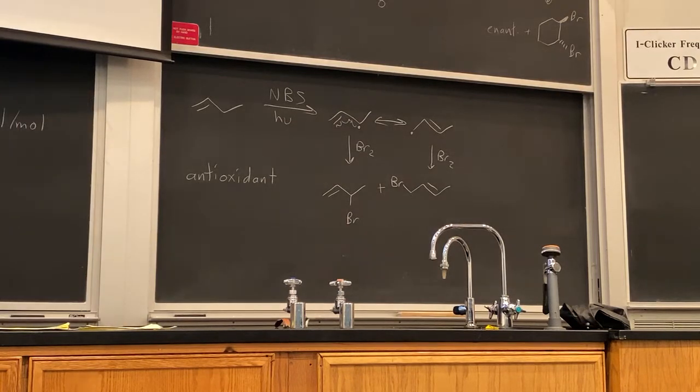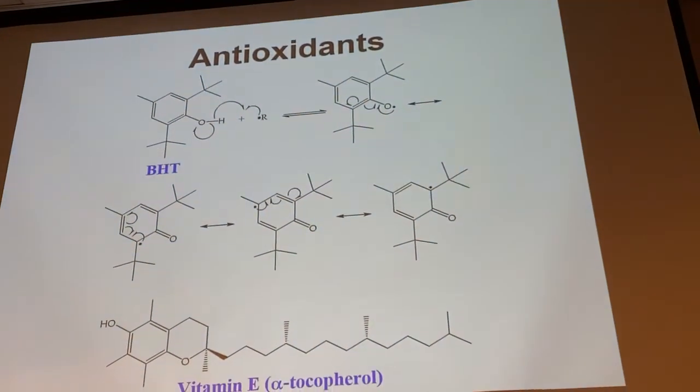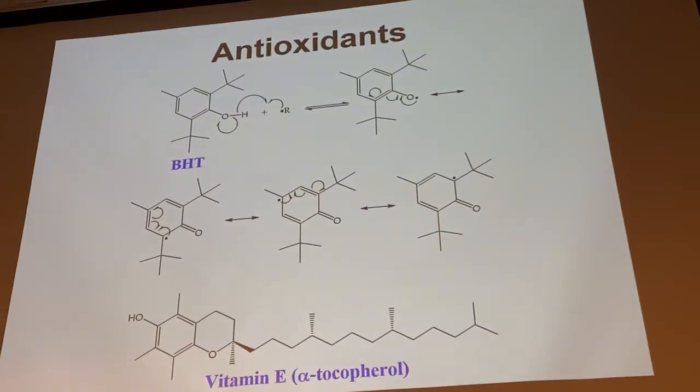So let's take a look on the screen at an example of an antioxidant. If you're the type of person who looks at food labels, you've seen BHT as an ingredient in many different foods. BHT stands for butylated hydroxytoluene. This is based on a nomenclature system for benzene type compounds that we'll learn later on in Chem 352M.